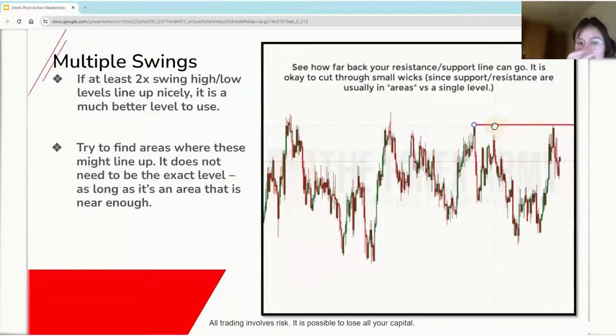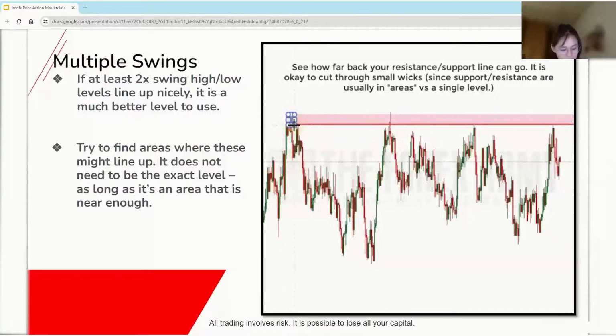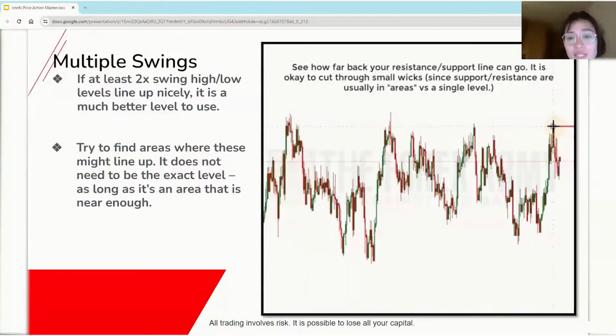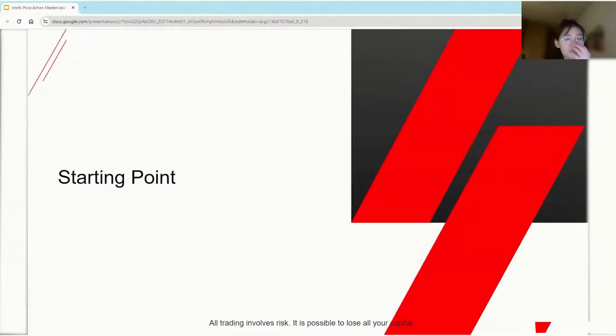Okay, so if there are at least two swing high or low levels that line up nicely, it's a much better level to use. So that's why we want to try and find levels where these might line up. It doesn't have to be exactly at the same level as long as it's near, that's good enough.